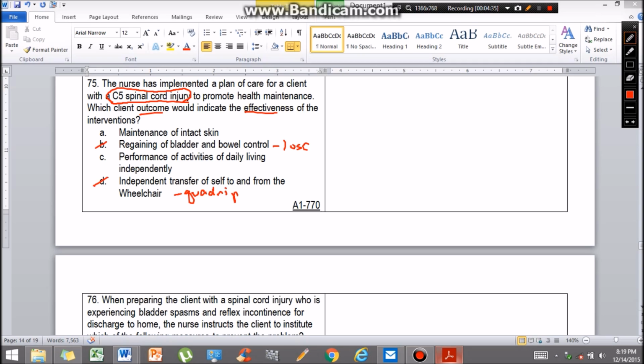Okay, so a client who has cervical 5 spinal cord injury is quadriplegic. Therefore, B, C, D are lost permanently. A is the best answer because this is the only appropriate outcome. Maintenance of intact skin. Okay, next.